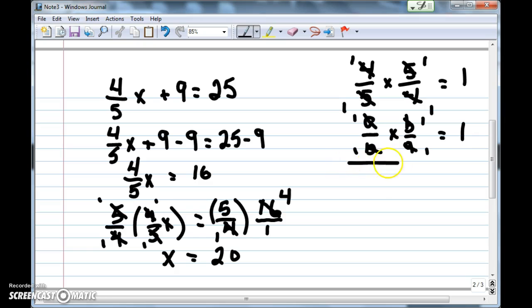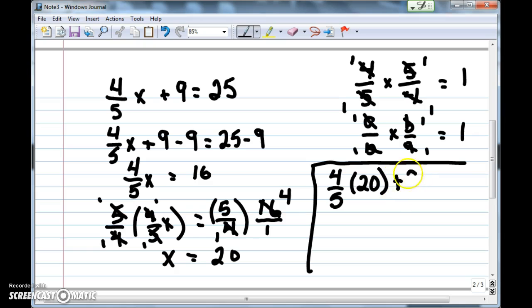We can verify that by double checking to make sure it works. 4 over 5, put in the 20 for x, times 20, plus 9, does that equal 25? We simplify, divide in once, divide in 4 times.